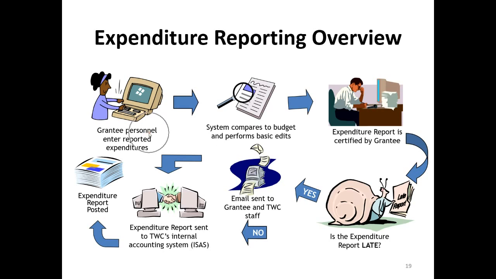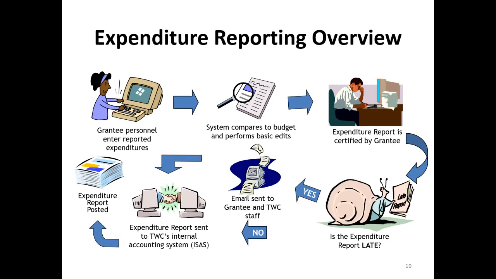The system will go through a series of edit checks where it looks at whether your expenditures and/or obligations are within your budgets for each particular cost category. If they are, the report will go to ready for review status, meaning it's passed all its edit checks. The individual who has the ability to certify the report within your entity will certify, and that will allow TWC to post the report.